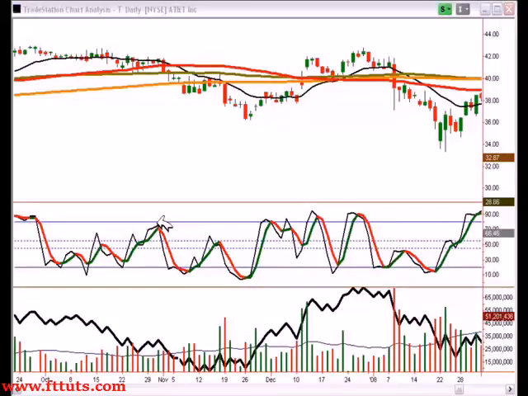Okay, now we're going to talk about the second volume indicator that I use, and that is unbalanced volume. Unbalanced volume is a very, very common volume indicator, maybe the most common one.